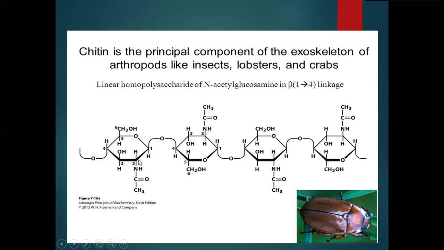At carbon atom number 2, there's an acetyl group attached instead of a hydroxyl group, and that's what you find here. So it's a linear homopolysaccharide containing N-acetylglucosamine linked to N-acetylglucosamine in a beta-1,4 linkage, and it's found in the exoskeleton of insects.